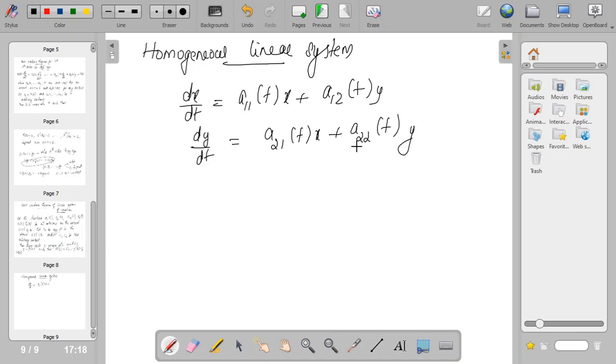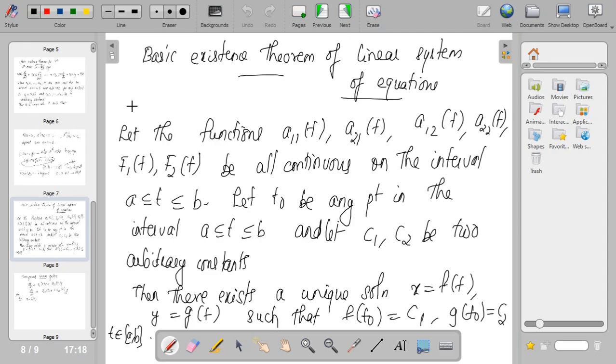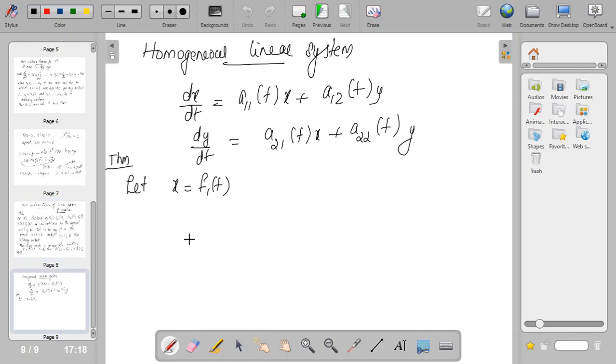And now let x equal to f1 of t, y equal to g1 of t, and x equal to f2 of t and y equal to g2 of t.